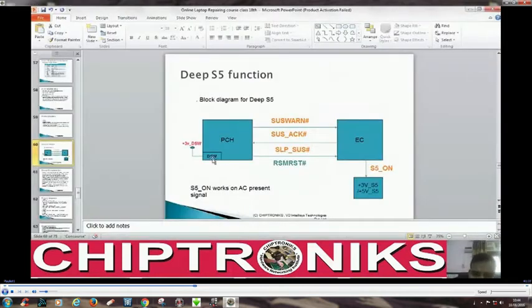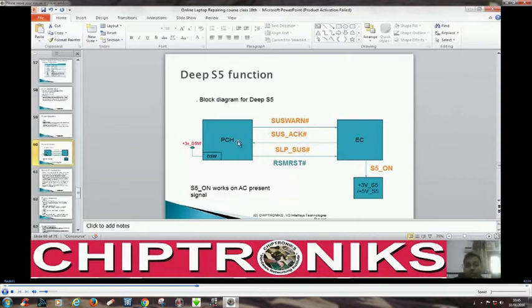Now this deep sleep well has got its power, so PCH will give a signal to the EC, the embedded controller that is in turn present in the IO controller, to signal to the EC that now we are ready to enter into the S5 stage. EC will acknowledge this SUS1 signal that yes it is ready to enter into S5 stage.